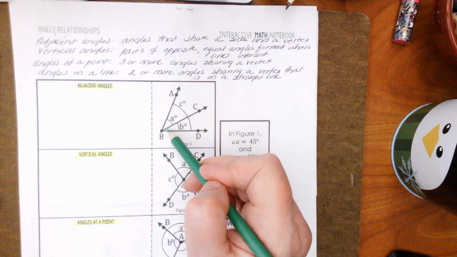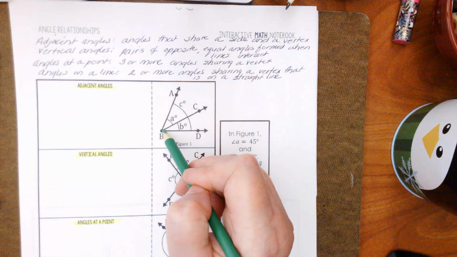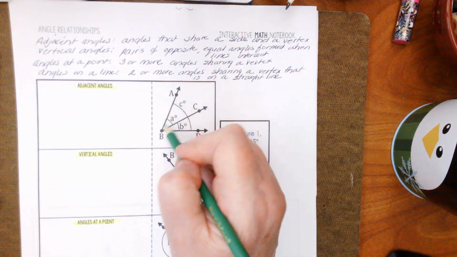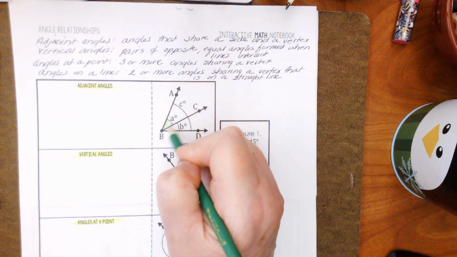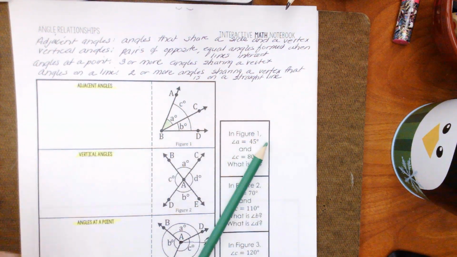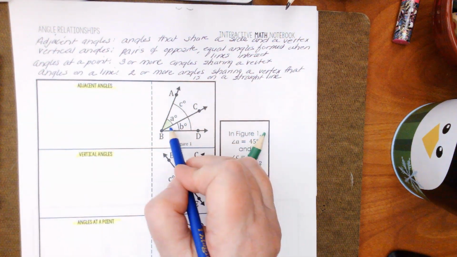angles that share a side and the same vertex. So this is the A angle, and this is the B angle.